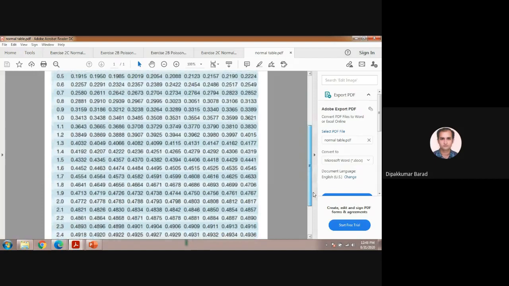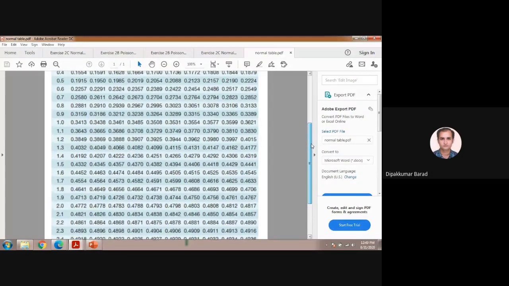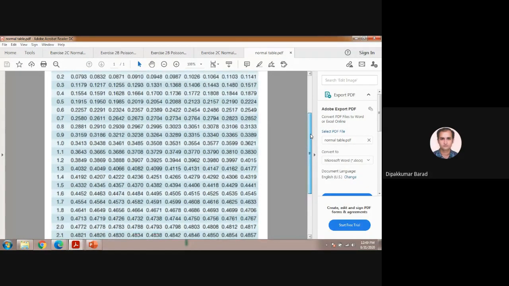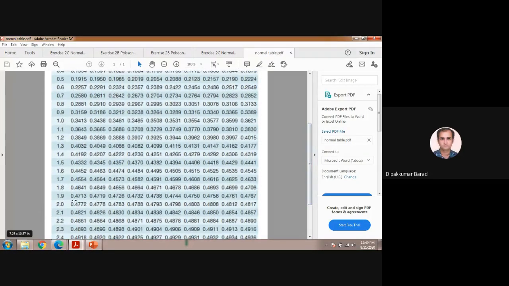This one is near to 0.4798, which is near to 0.4800. Here we have a difference of 0.0002, so this value is nearest to 0.48. Okay, so this is row 2.0, and now we have to look at the column. 0.4798 is situated in column 0.05. So the actual value you get is 2.05.